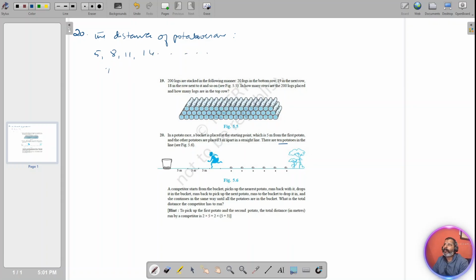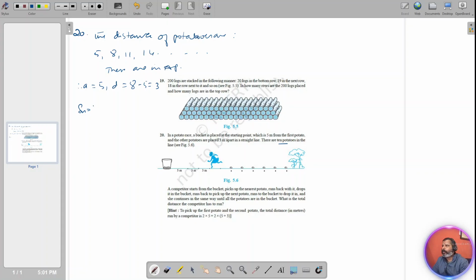By looking at this, these are in AP. Therefore, a is 5, d is 8 minus 5, that is 3. We have to find the sum, the distance the competitor runs to pick the last potato also.